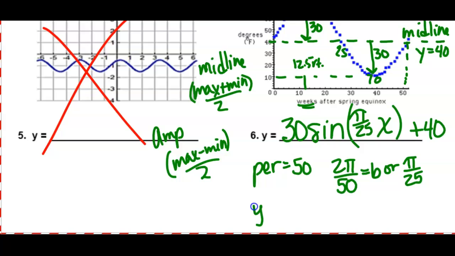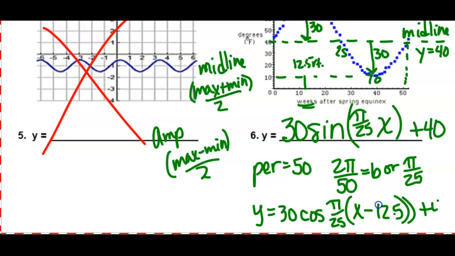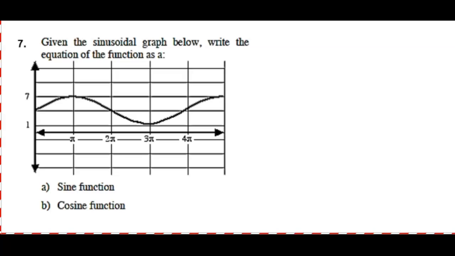Okay, if you did it as a cosine, I wouldn't even bother to write this down if I was you, but you would say it shifted to the right 12.5, and then you could have made it a cosine. Okay? On the application problems we do, I'm going to let you pick what you want, sine or cosine. All right. This one, I'm going to make you do both.